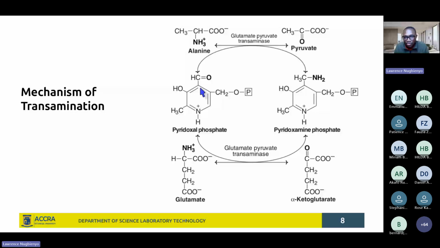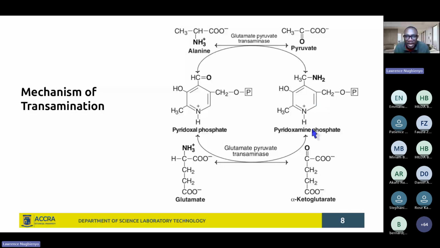And on that coenzyme, you see there is that C double bond O, not a ketone group, let's say that's like an aldehyde group. So let's focus on that C double bond O. In place of it, you have the NH3 having that transfer onto that. So from pyridoxal phosphate, you now have pyridoxamine phosphate. The addition of the amine group to pyridoxal phosphate now makes it pyridoxamine phosphate.